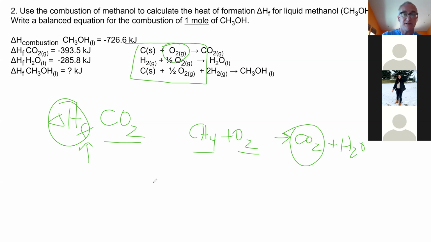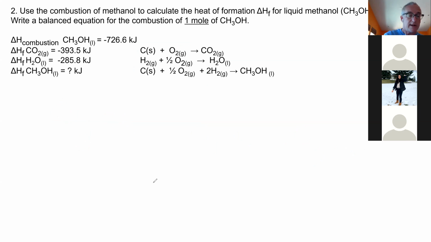In this instance, we want to come up with a reaction that gives us this. That's the reaction we want, and I'm going to show you 2 ways to do this. So that's our target reaction.